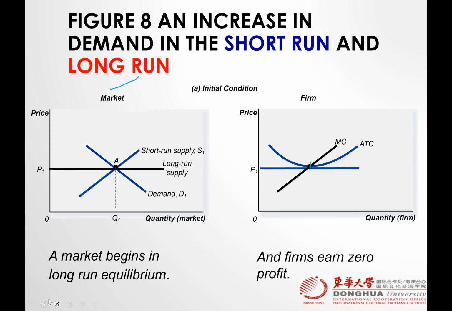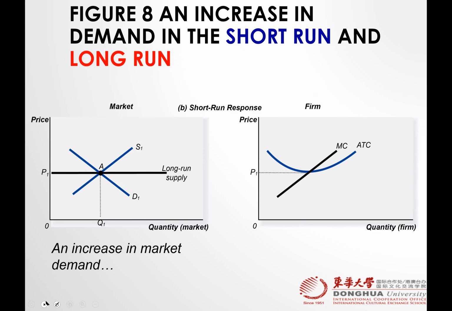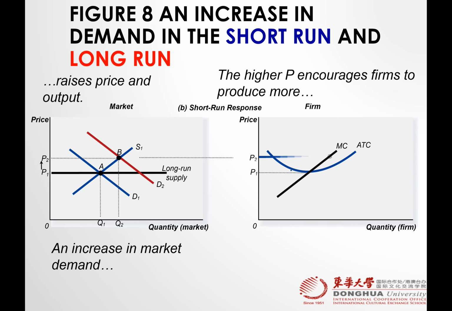What happened? Demand increased, demand shifts to the right. You see here, demand shifts to the right, and it causes the price line to move upward along the upward sloping curve.